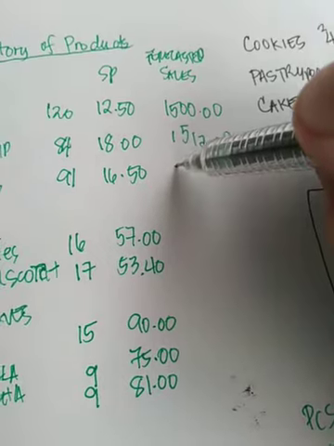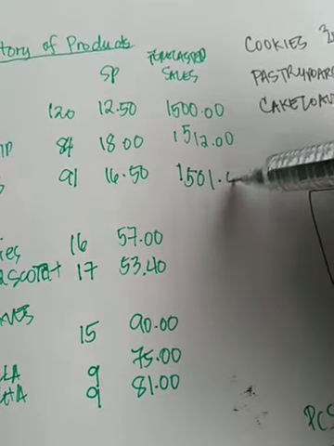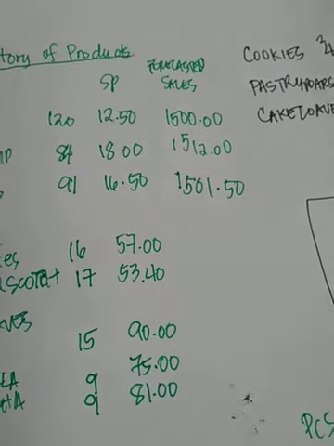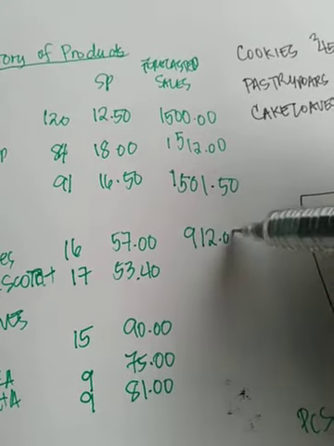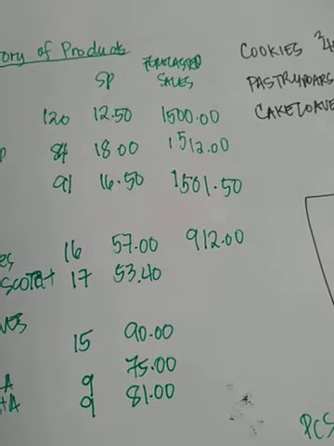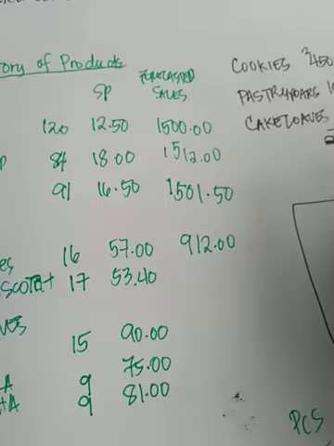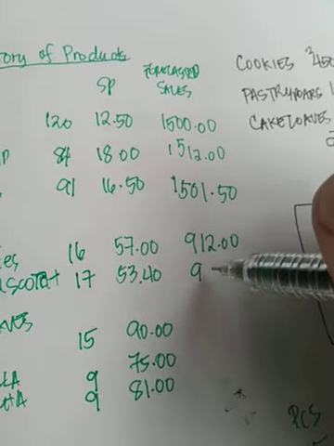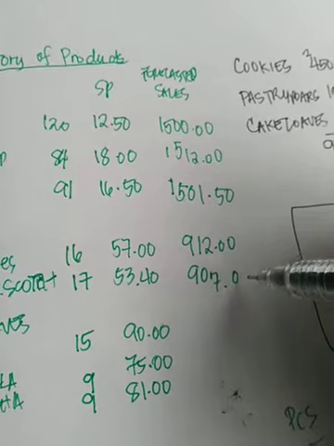That's 1,501.50. And then 16 pieces times 57. 912. 17 times 53.40. This is really a lengthy computation, and ano lang po ito, 8 pastry items.